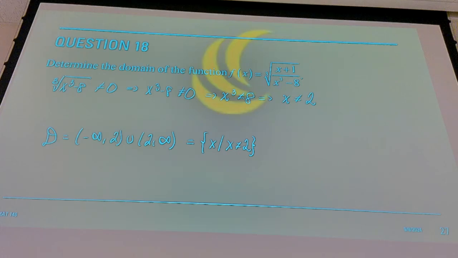So domain is all real numbers except for 2. Any questions?